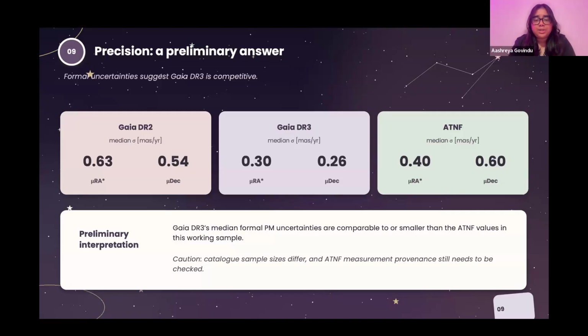And the Gaia DR3 uncertainties are significantly better than the DR2, which were 0.63 and 0.54 respectively. And the ATNF's higher uncertainty can again be attributed to the fact that it has various sources for its data. So if the sample size is different or was measured differently, then that could also account for those higher uncertainties as well.